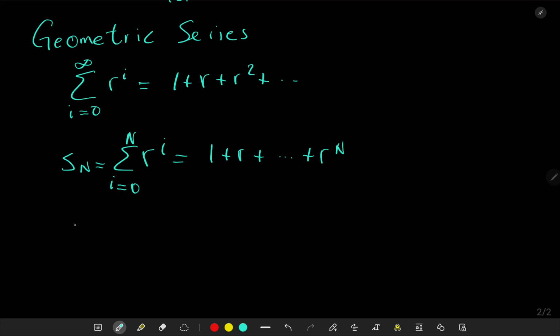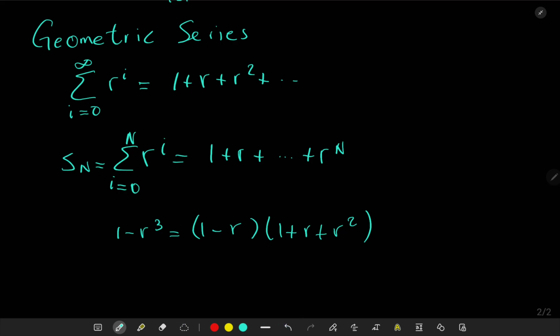And you have seen these types of expressions, even though right now you don't think so. For example, when you did the difference of cubes, you had 1 minus r cubed was going to be 1 minus r times 1 plus r plus r squared. You see, this term right here is just the same as what you have here, except it's stopping at n equals 2.